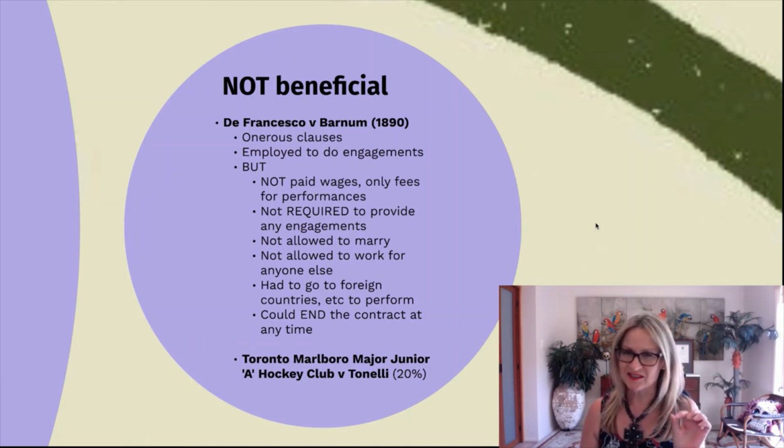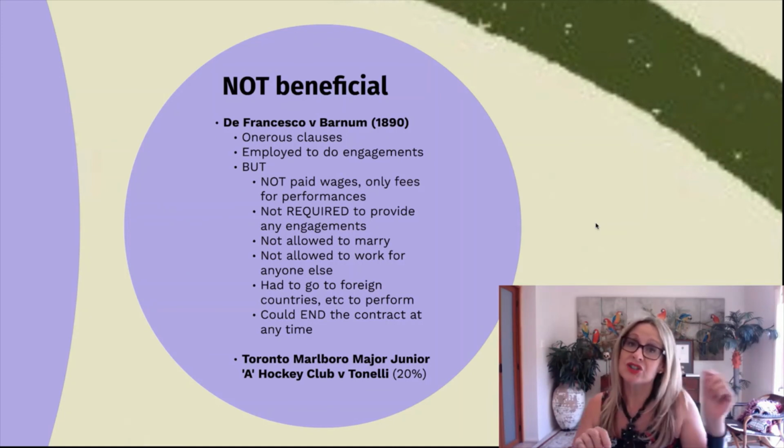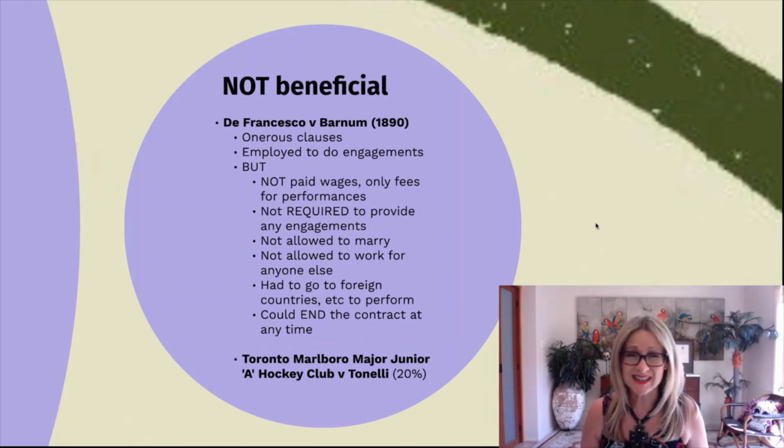But interestingly, for a period of 3 years after the contract ended, if that minor decided to go and work professionally for another club, then that minor would be obliged to give the Toronto club a cut of 20% of their professional fees. So that's a bit of overreaching there. Again, not in the minor's best interests, and therefore was able to be set aside by the court.